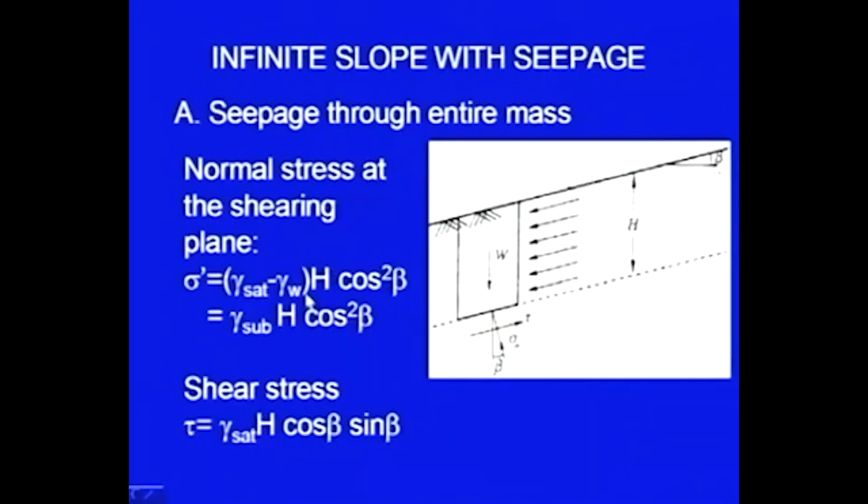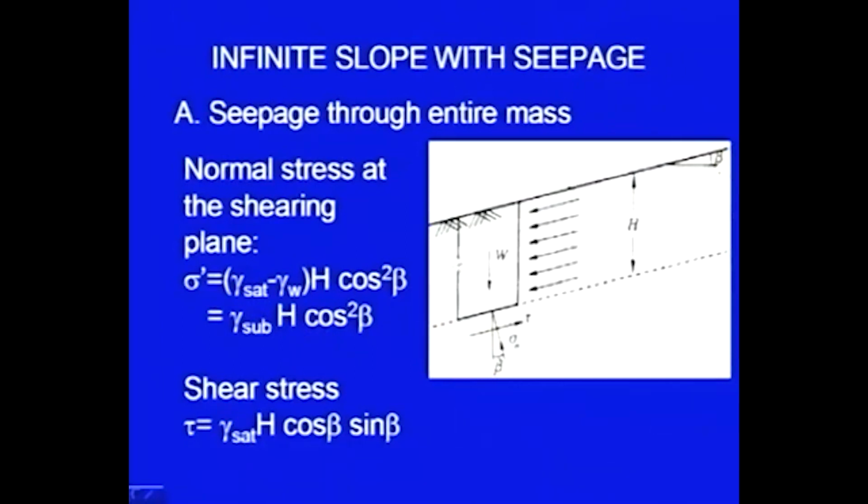The difference here is that instead of gamma, now you will be using gamma saturated minus gamma w, that means the submerged unit weight, because this will be the stress which will really give the strength.